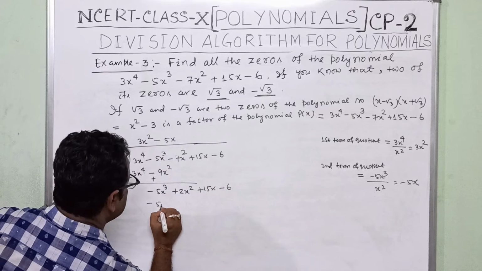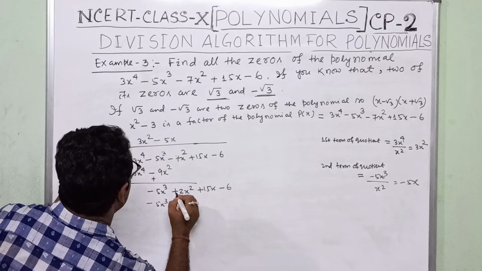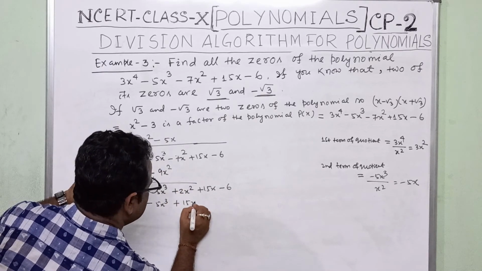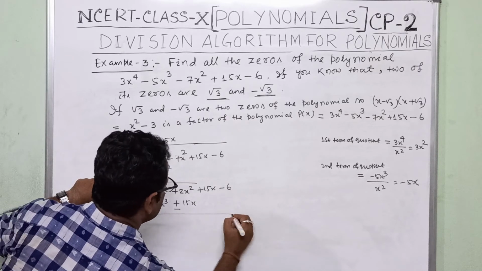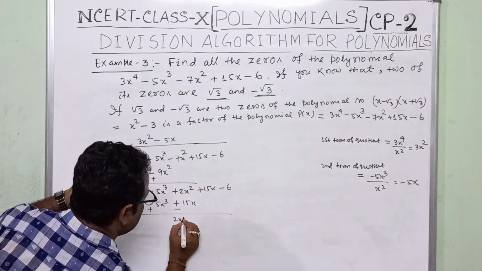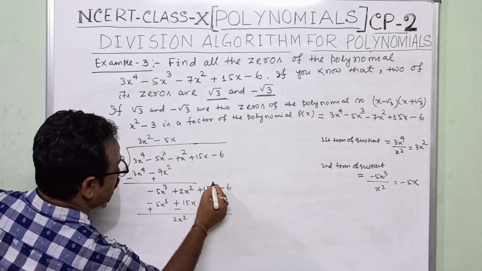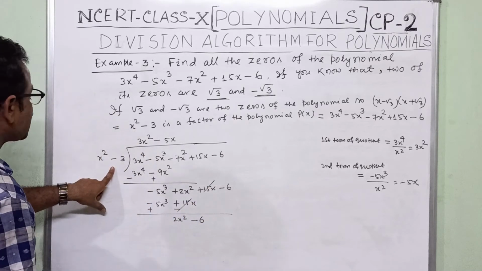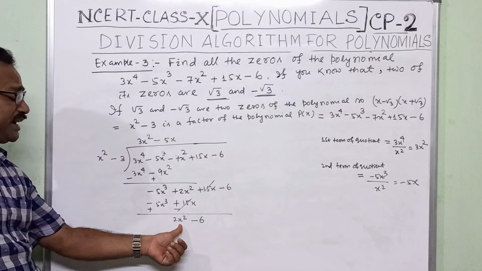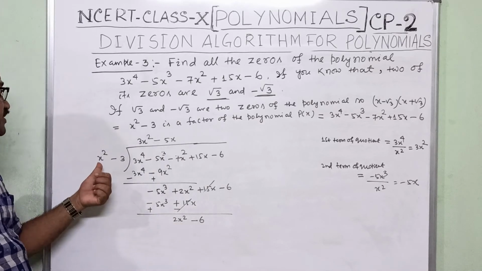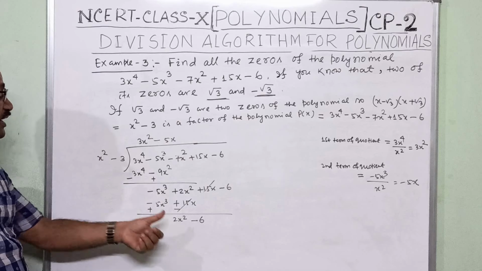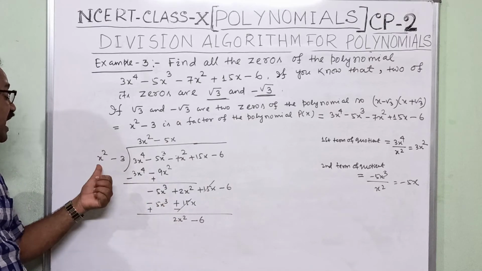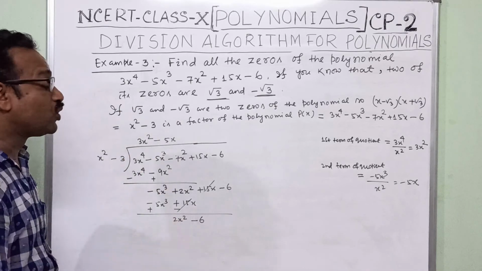So minus 5x cube, minus plus 15x, minus plus. So now here we are getting 2x square; minus 15x plus 15x cancel. Now minus 6. Here also the degree of the remainder is more than or equal to the degree of the divisor. So further we can go for division.